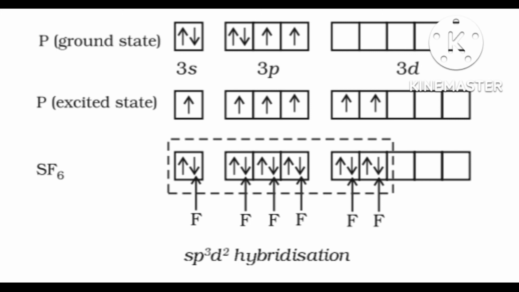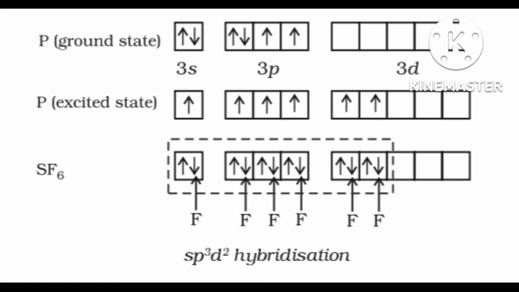In 3s 2 electrons will be there, and in 3p single electrons will be there. 3d will be vacant, meaning 5 vacant orbitals. When it is excited, of the 2 electrons in 3s, 1 electron will jump to 3d.